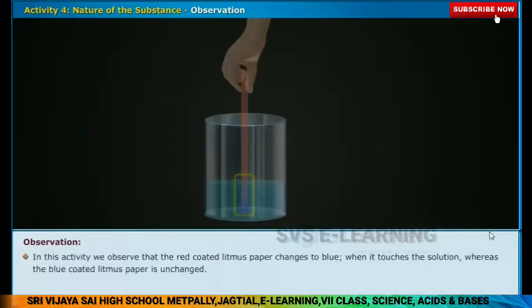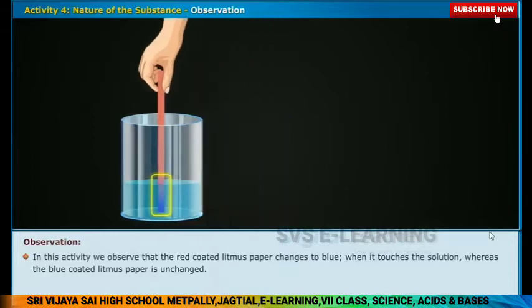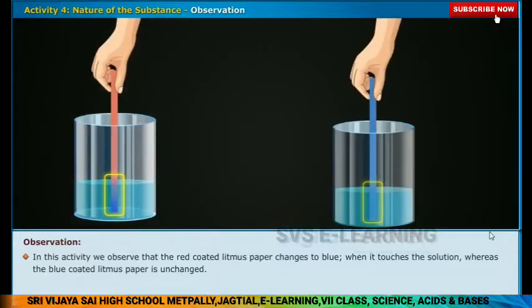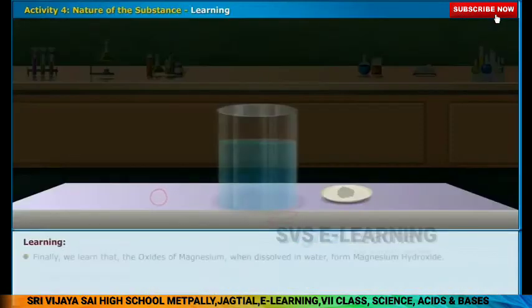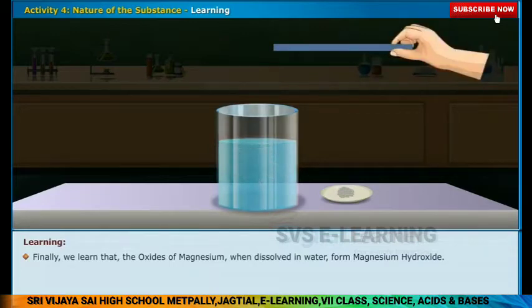In this activity, we observe that the red-coated litmus paper changes to blue when it touches the solution, whereas the blue-coated litmus paper is unchanged. Finally, we learned that the oxide of magnesium, when dissolved in water, forms magnesium hydroxide.